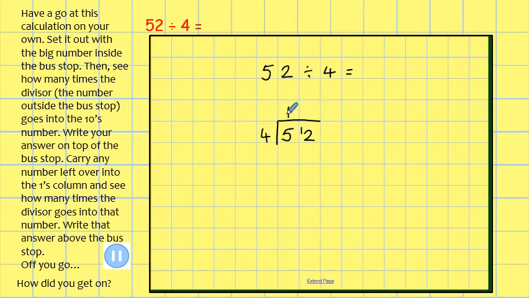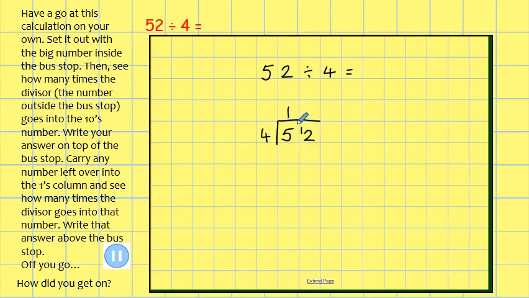You put your answer above the bus stop. So how many 4s are there in 5? There's one lot of 4 goes above that number in the bus stop, and then you carry the one that's left over into this ones column. Then you should have completed the same task. You've got 12.